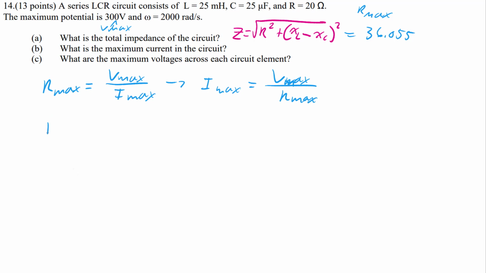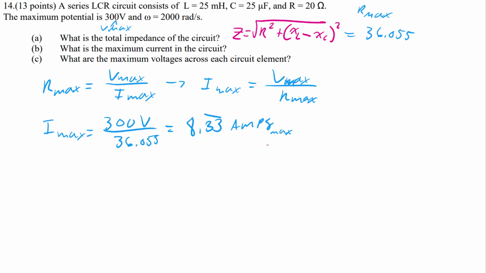And so I max would have to be equal to 300 volts over here, divided by what we just solved for, the impedance, 36.055, and it turns out to be 8.33 repeating. That's what the bar means. It just means repeating. And so that's amps max.